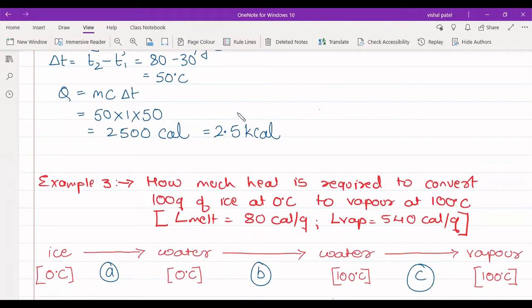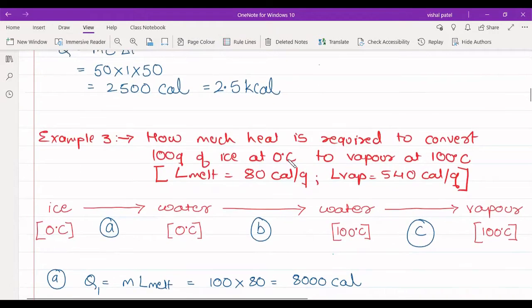How much heat is required to convert 100 grams of ice at 0 degrees Celsius to vapor at 100 degrees Celsius? और ब्रैकेट में मैंने वैल्यूज दिए. Latent heat of melting is given as 80, obviously calories per gram, and latent heat of vaporization is given as 540 calories per gram.